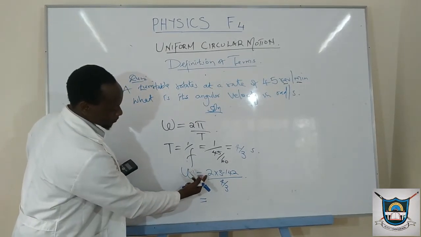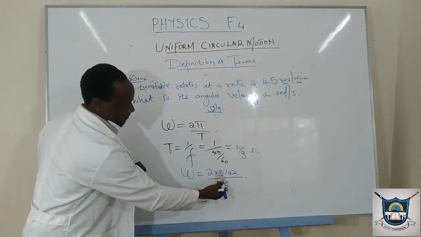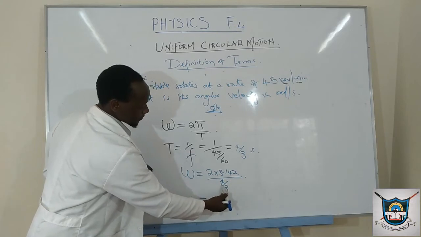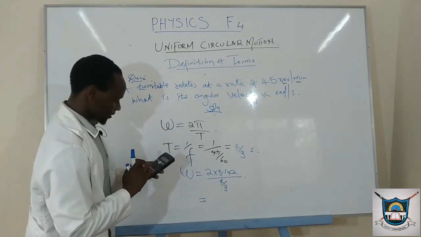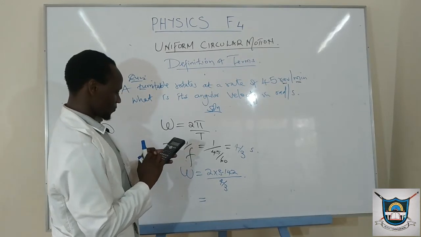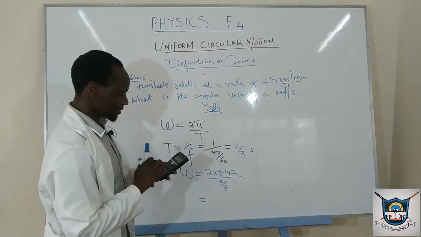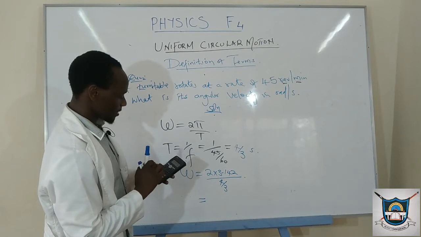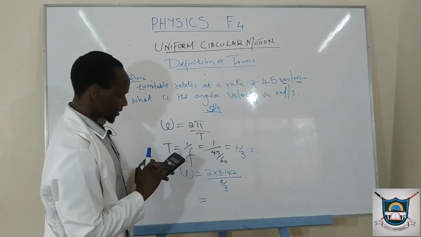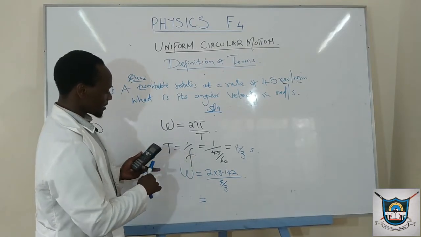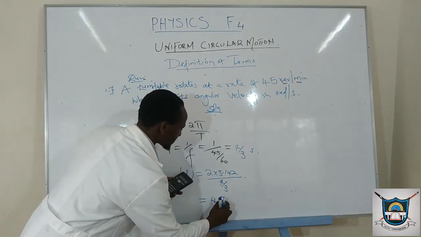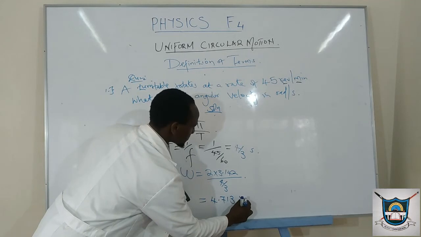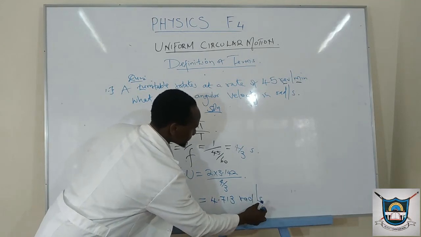So omega equals this substitution, 2 times 3.142 over 4 over 3. Use your calculators well there: 2 times 3.142, close the bracket, divided by 4 over 3, and you get your answer, 4.713 units. Units must be written.